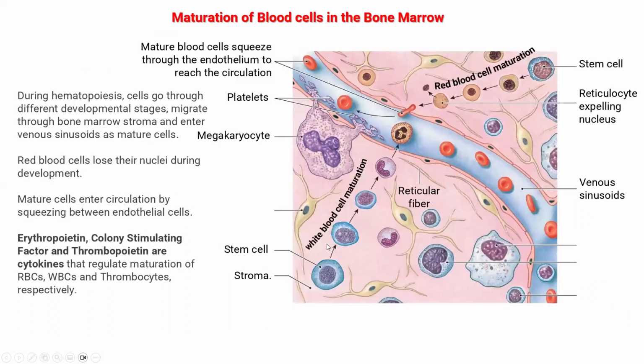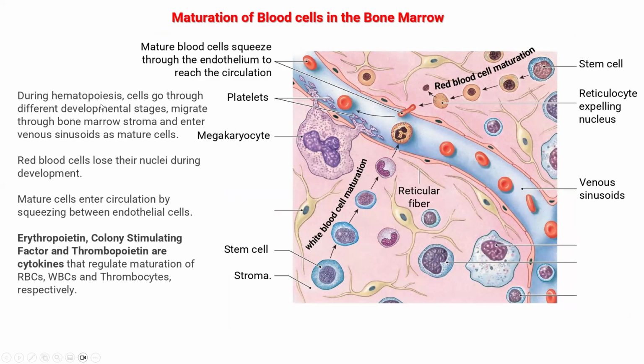Let's go next. What about maturation of blood cells in the bone marrow? Mature blood cells squeeze through the endothelium. And what is the endothelium? This is the inner lining of our blood vessels, to reach the circulation.